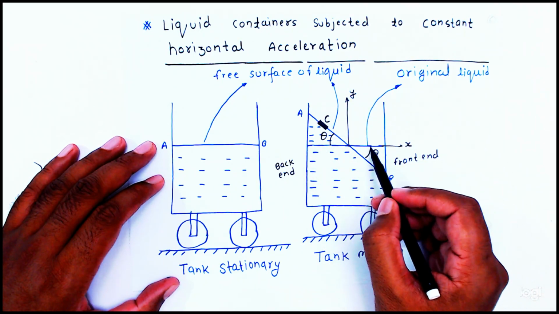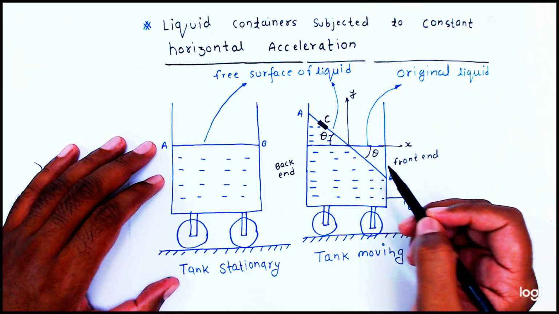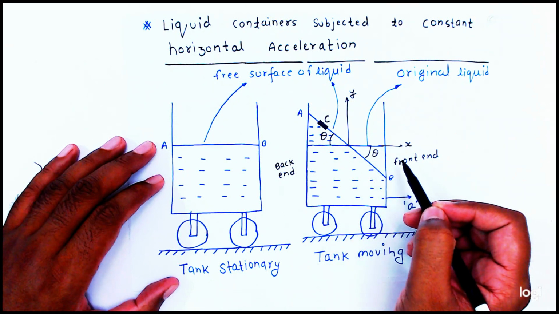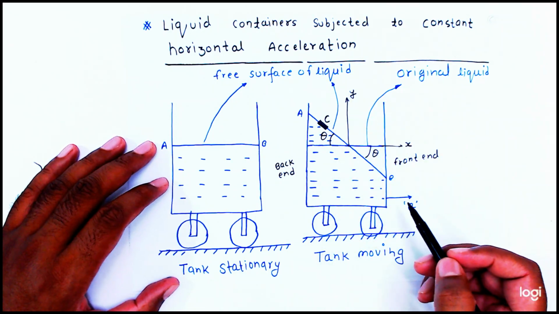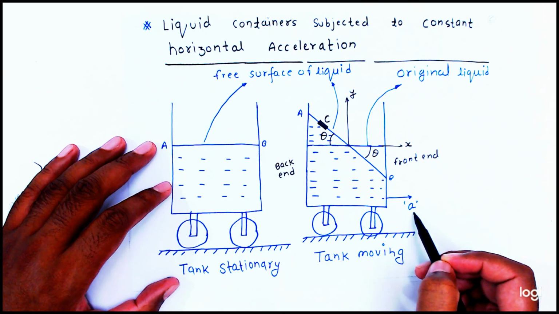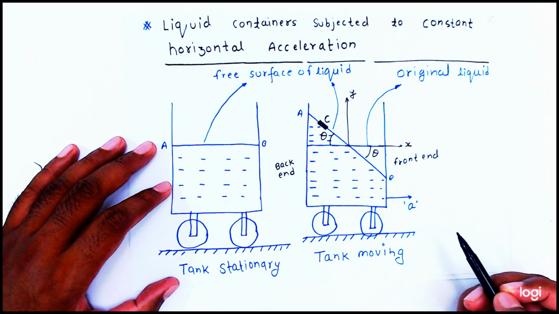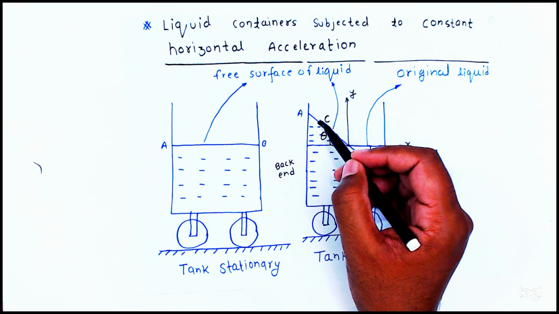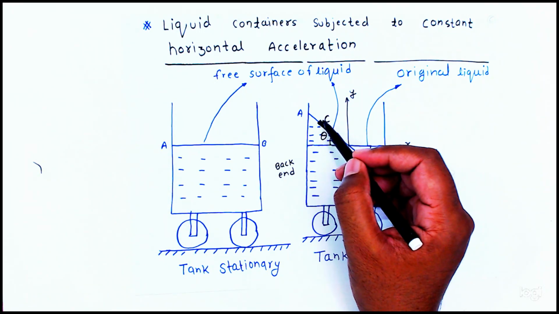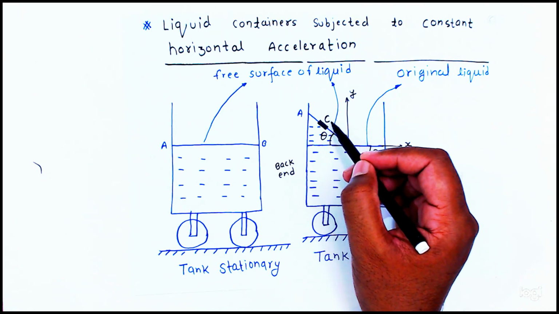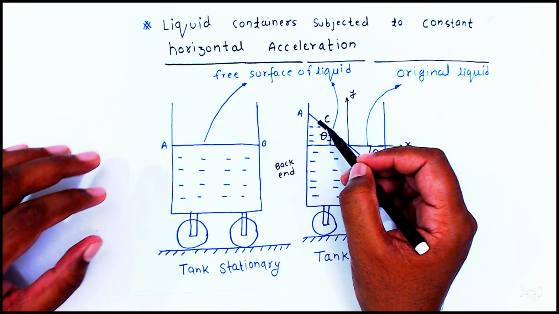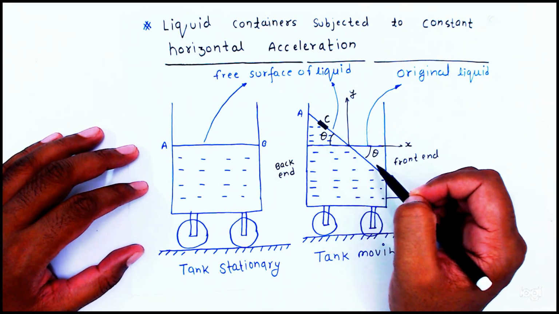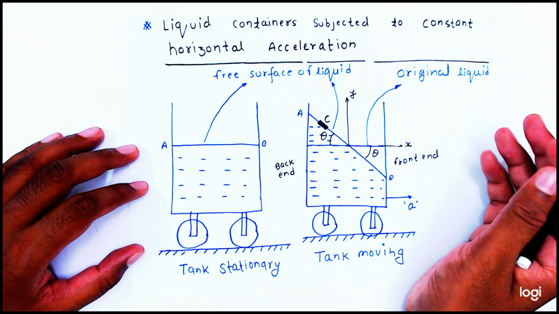Let's suppose it is making an angle theta here, it is making theta with the original. This is the x, this is the y, it is moving with a constant acceleration a. Friends, now we consider one small element C at the free surface in the new position, a new surface condition of the liquid.